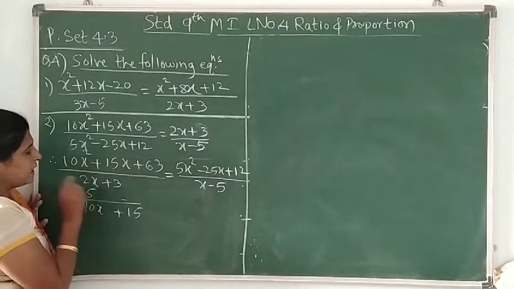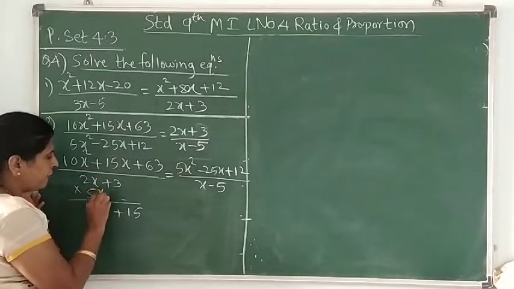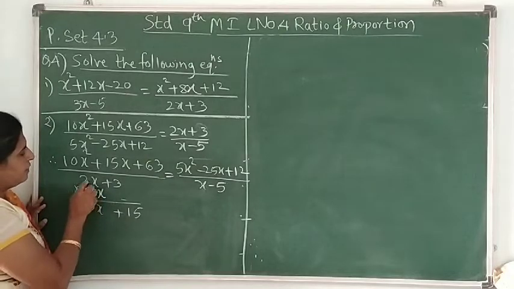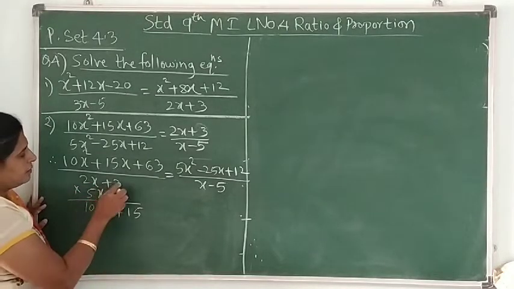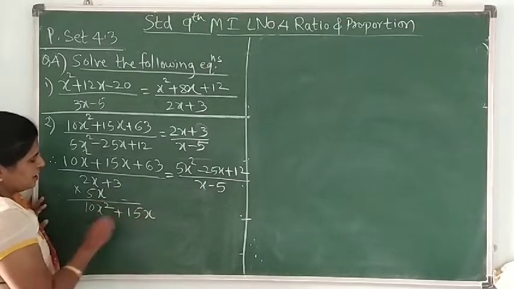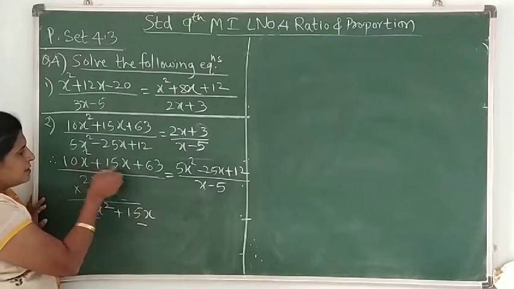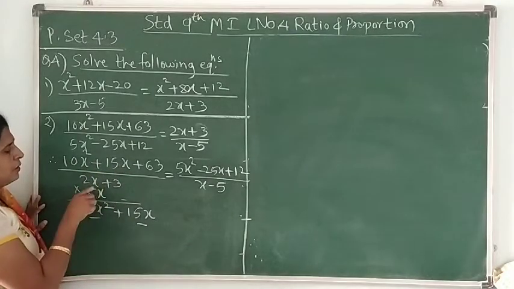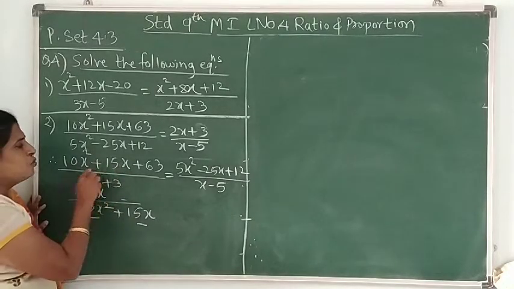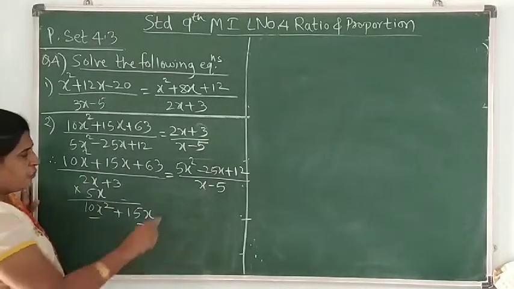So instead of only multiplying by 5, if we multiply by 5x, the product will become 2 fives are 10 and x into x, 10x square, and here 3 into 5, 15x. So these two terms will be the same as these two terms, and then if we do dividendo, these two terms will get cancelled. What about this?